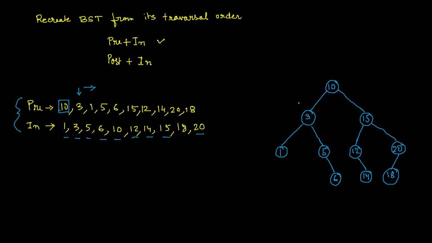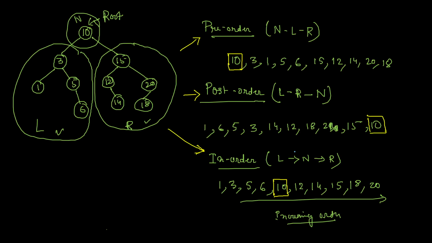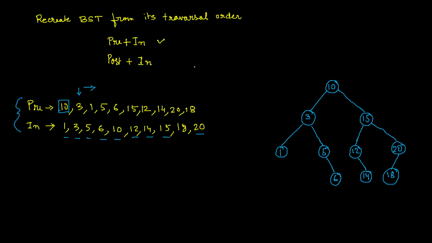So using this set of traversal, you can recreate the BST, and if you compare with the previous one, you see the same structure we have found. So that means one way to realize whether you have correctly written the traversal orders or not is to try to recreate the tree from the traversal that you have got.